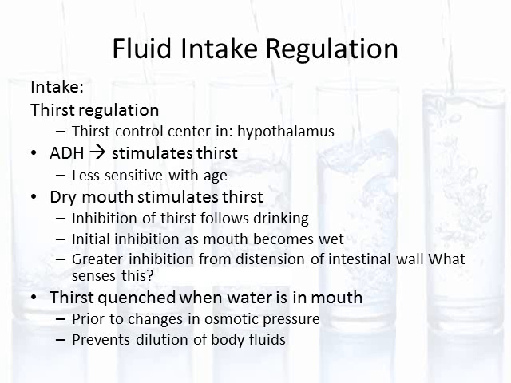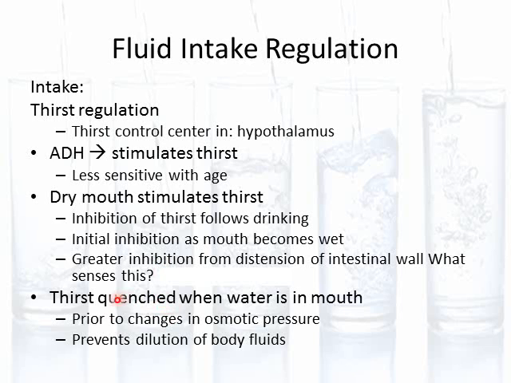This becomes less sensitive as we age. Another interesting thing is if our mouth is dry, that also stimulates thirst. And we actually get some quenching of thirst just when water is in our mouth, before it even goes into our stomach where we can absorb it.